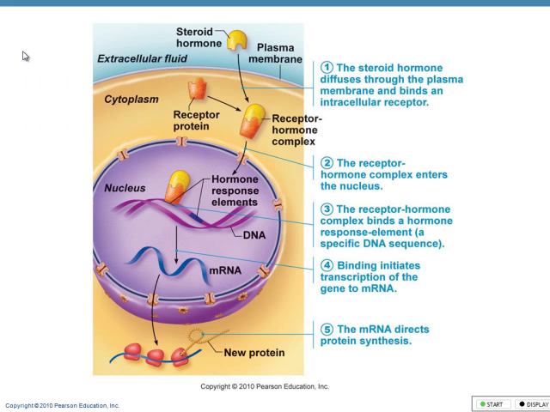There's other second messenger systems. There's one called the IP3 second messenger system. So in your textbook, on page 594, they talk about the cyclic AMP signaling mechanism. Then they talk about something called the PIP2 calcium signaling mechanism.